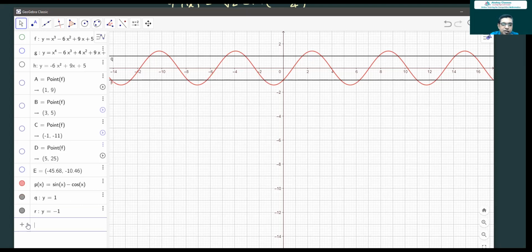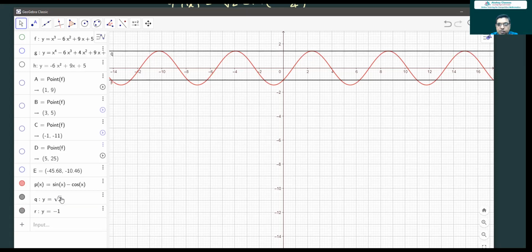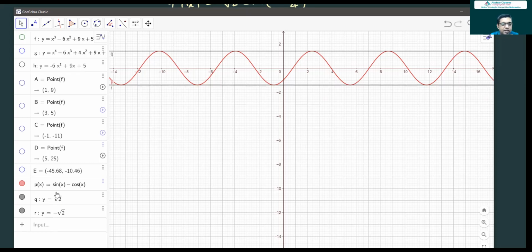You see here? Now, instead of 1, I make it square root 2. See here? So the maximum value is square root 2 and the minimum value is minus square root 2. So we get this. This is the maximum and this is the minimum.